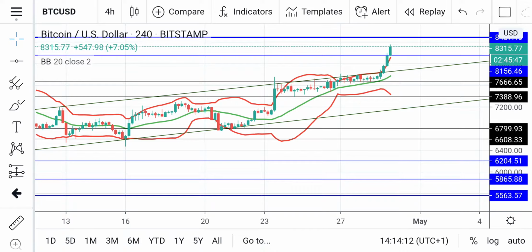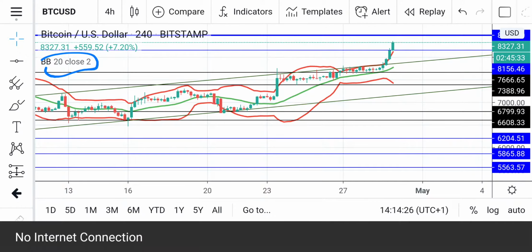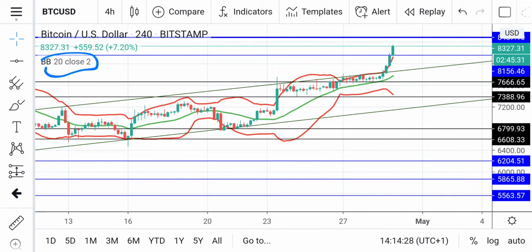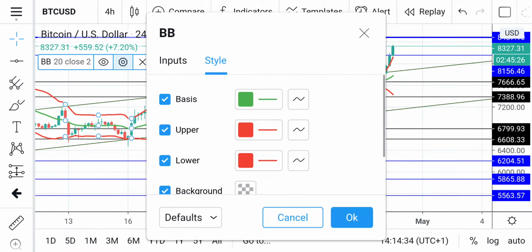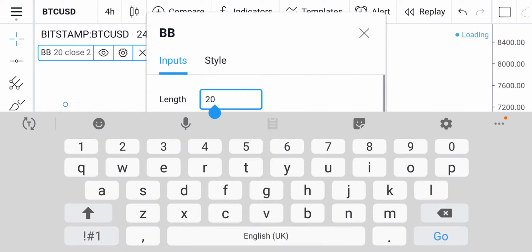You can use a 9 period moving average, but the ones I like to use are the 20 period and the 50 period moving average. You can see over here my Bollinger Band is showing a 20, which tells you it's a 20 period moving average Bollinger Band. So let me use the 50 period Bollinger Band.